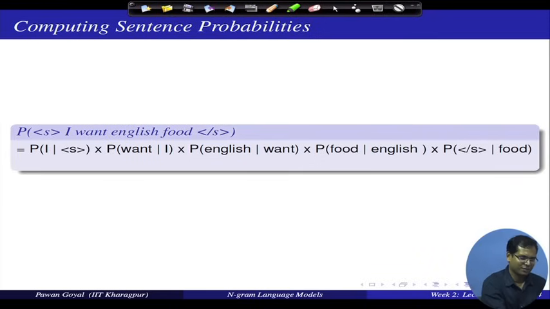If I use the previous probabilities, that will be roughly 0.000031. Now you can give me any sentence, and I can use my bigram probabilities to find the probability of the sentence. And I can solve my problems of context sensitive spelling correction and other scenarios.